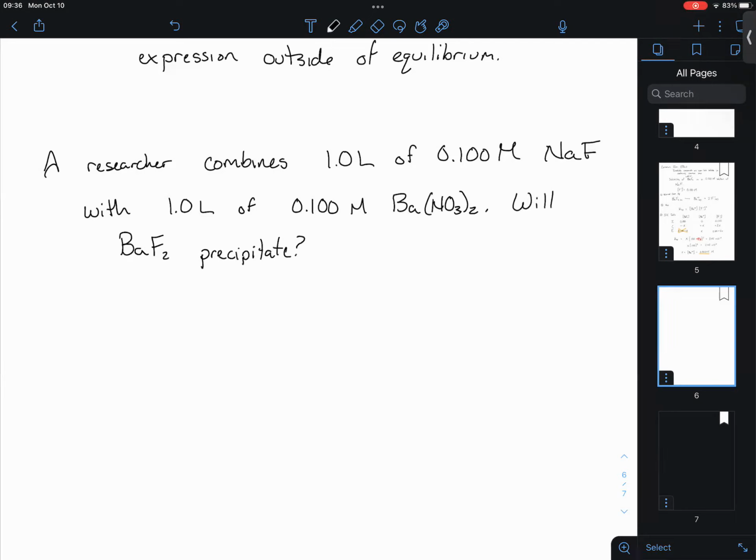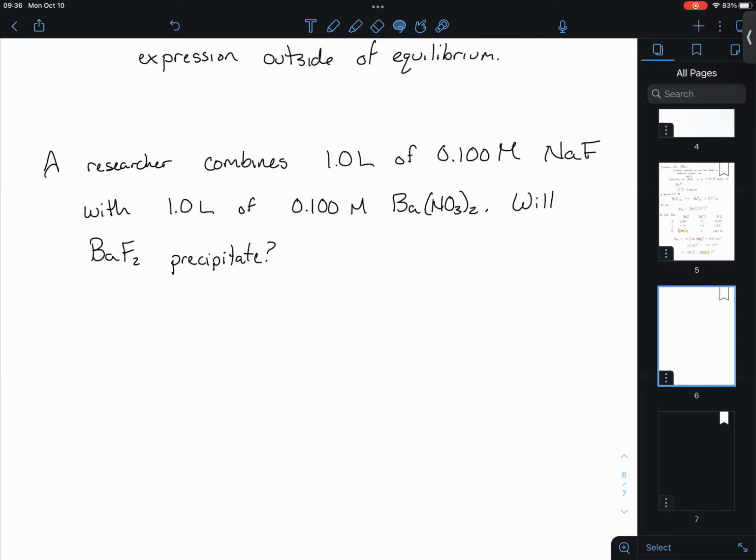One of the first reactions that you would have learned about were these precipitation reactions, where if you have two solutions that mix together that form an insoluble product, that insoluble product will precipitate out. Now we're going to extend this concept of an insoluble product by actually quantifying it using these Ksp values.